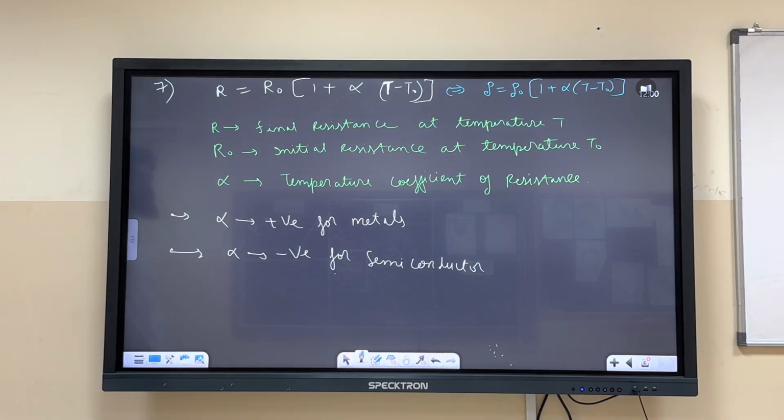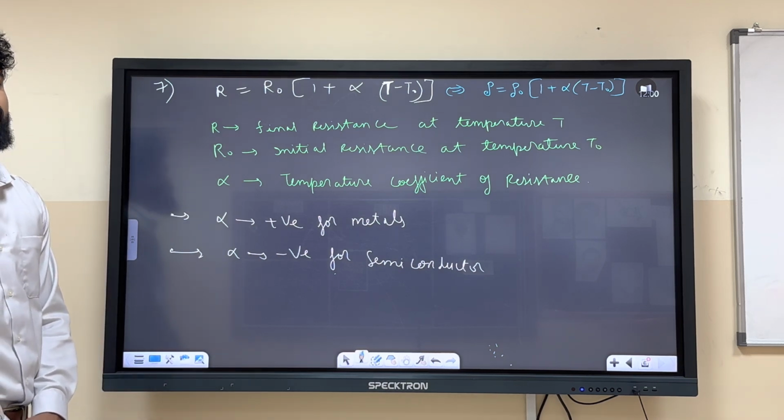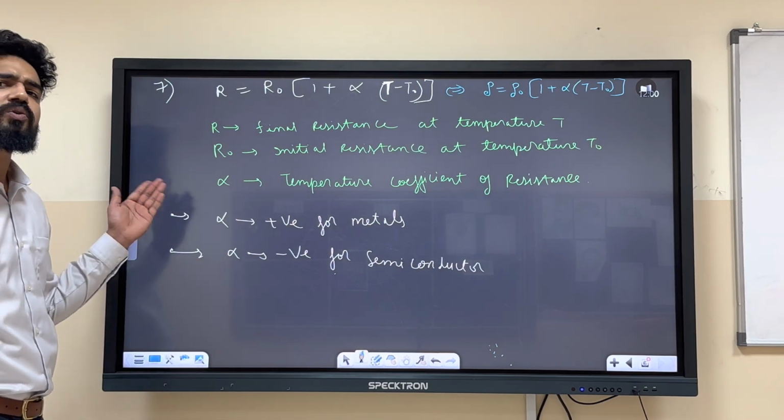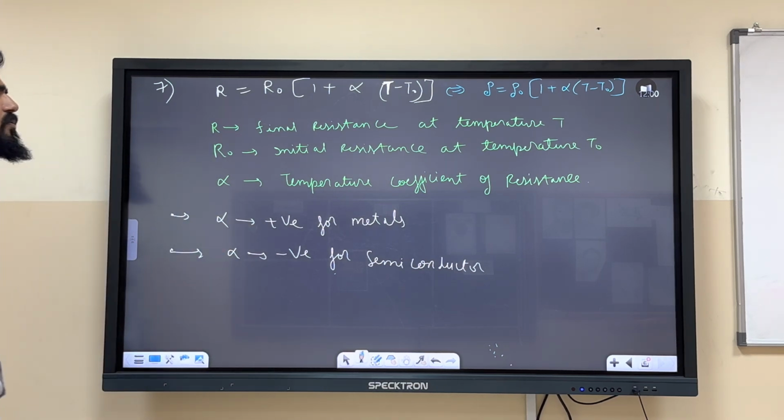Instead of resistance, we are writing rho. How? Because rho is RA by L, so L and A cancel out. That's why we can directly say, in the same manner, the resistivity will also change. Correct? Okay.